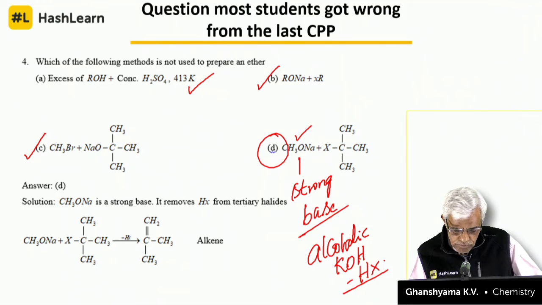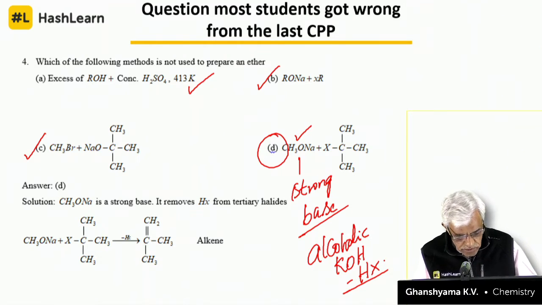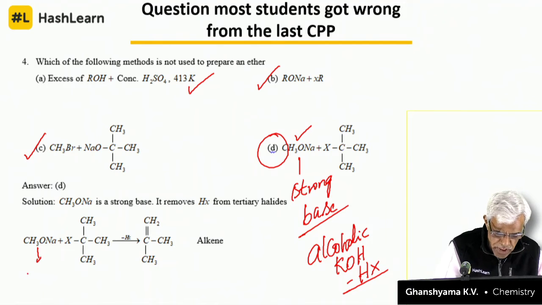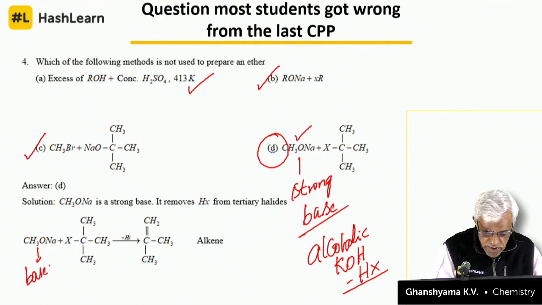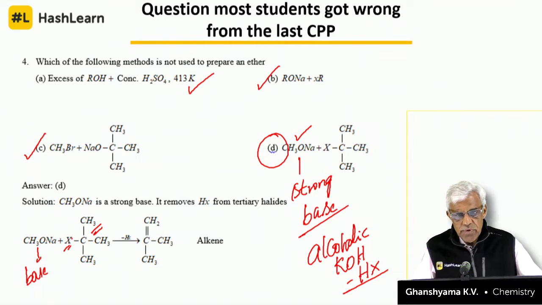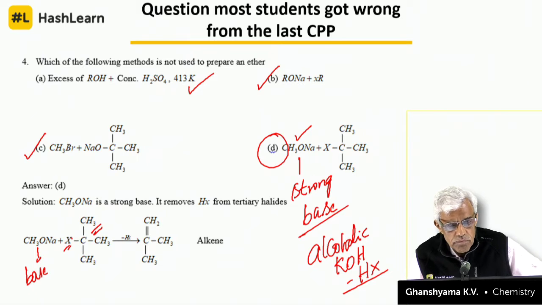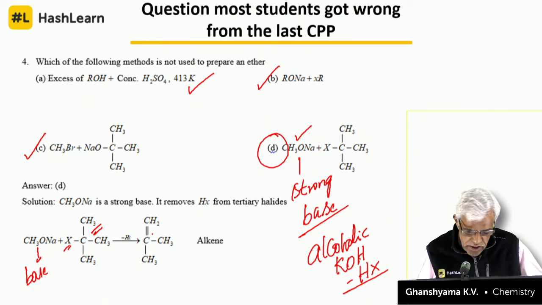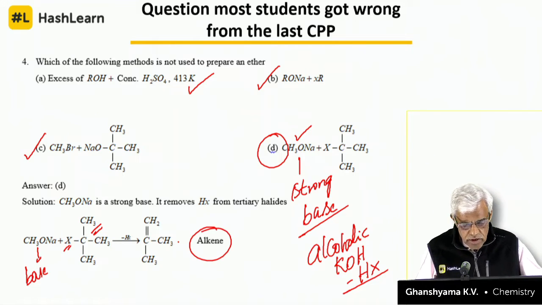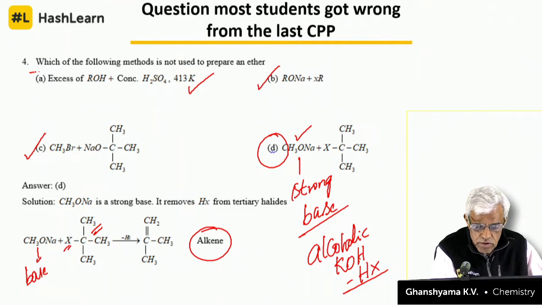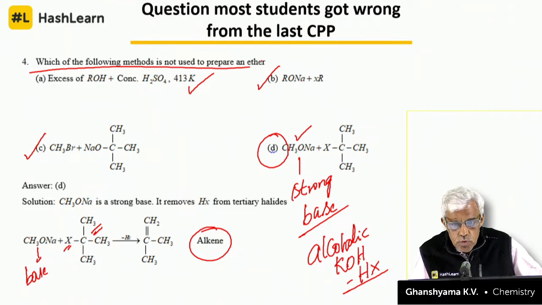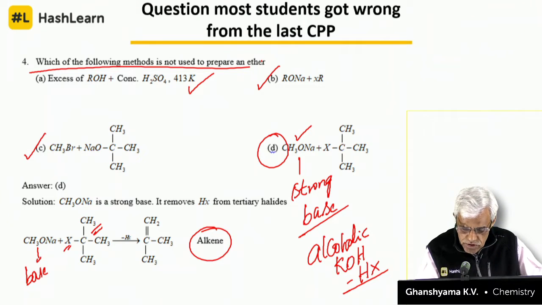Therefore, I have given you the answer here. This is a base. This will remove HX, H from here and X from here. Therefore, you get an alkene, you do not get an ether. So the one which is not used for the preparation of ether is answer D.